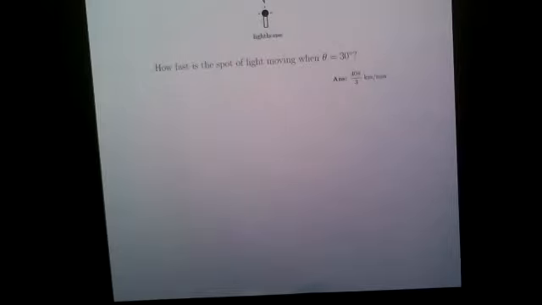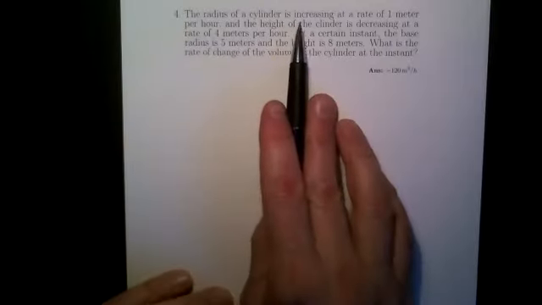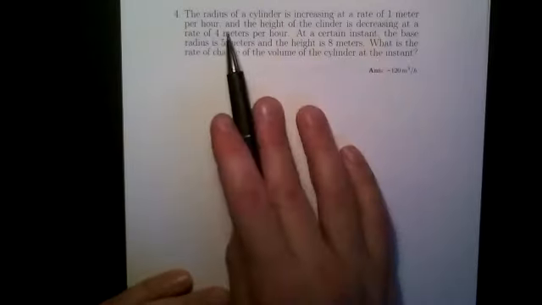So here's another one. The radius of a cylinder is increasing at a rate of 1 meter per hour.